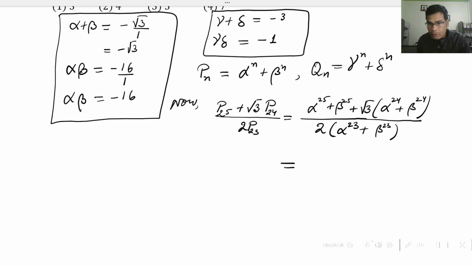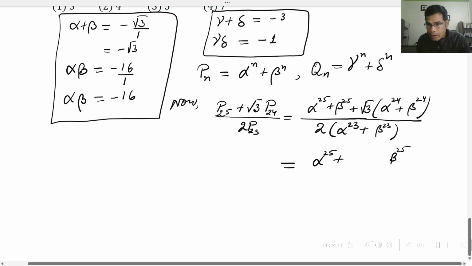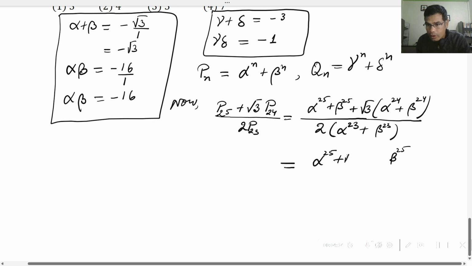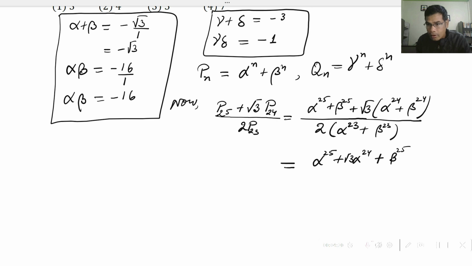This is equal to alpha to the power 25 plus beta to the power 25. Now if we expand this term, this will be root 3 alpha to the power 24 plus root 3 beta to the power 24. This whole thing divided by 2 multiplied by alpha to the power 23 plus beta to the power 23.